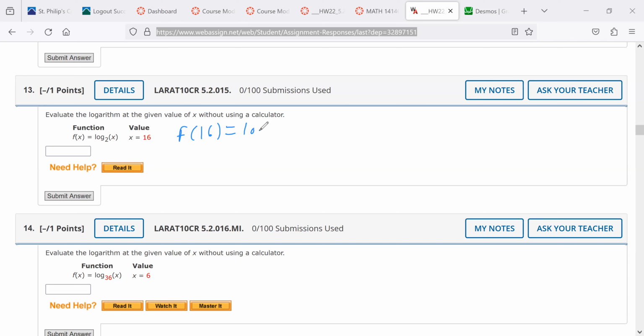You get log base 2 of 16. So if I change it to log base 2 of 2 to the 4th, these 2's will undo each other. You'll be left with only the exponent. Well, let's look at the formulas. I think the formulas are in there.